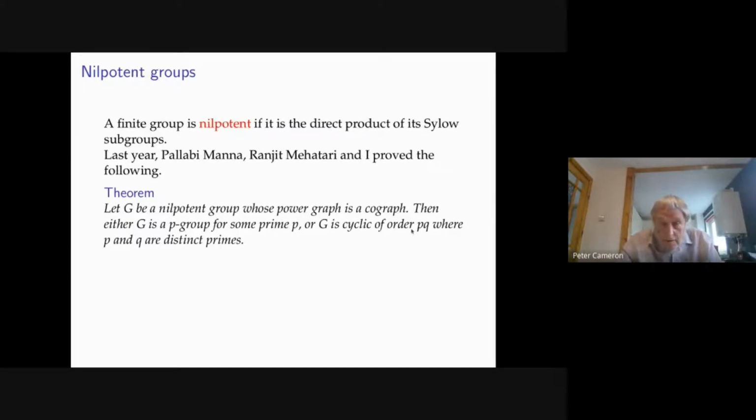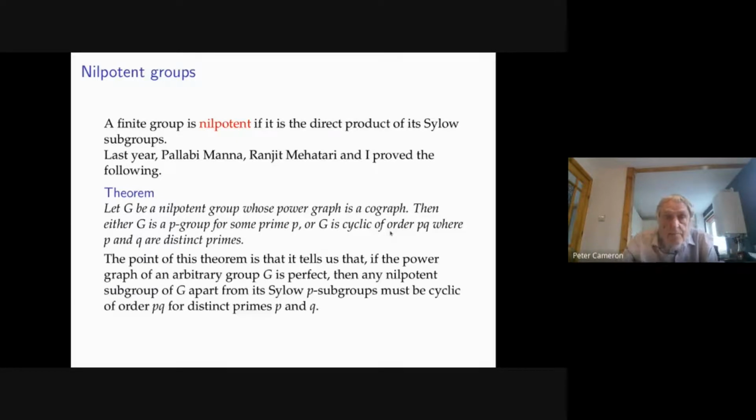So these are the only nilpotent groups whose power graph is a cograph. And why is that useful? Well, it tells us not just about nilpotent groups, but you remember I said yesterday that for any of these types, the power graph, the enhanced power graph, or the commuting graph, if you restrict it to a proper subgroup, you get that graph associated with that subgroup.